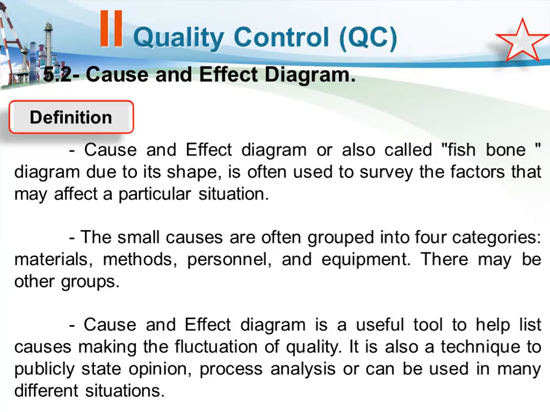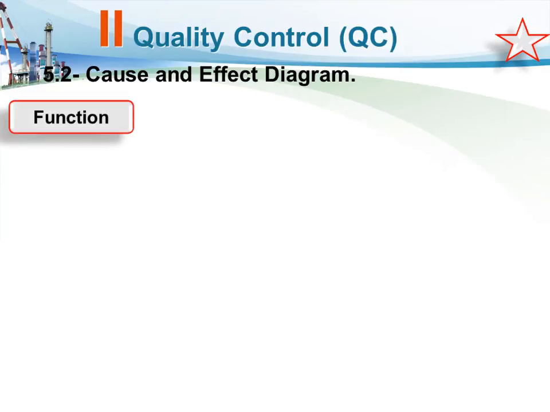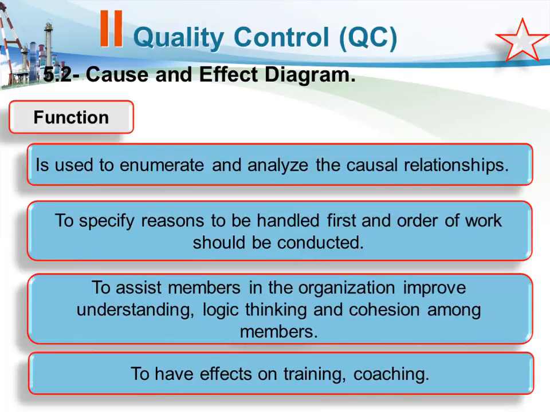Cause and effect diagram is a useful tool to help list causes making the fluctuation of quality. It is also a technique to survey state of opinion, process, analysis, or can be used in many different situations. Cause and effect diagram is used to enumerate and analyze the causal relationship.